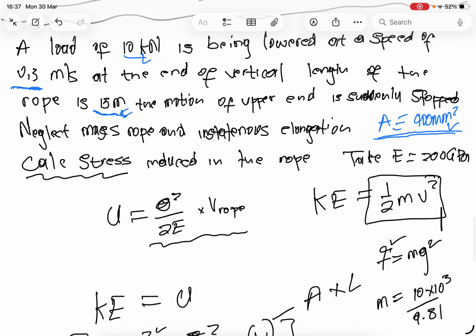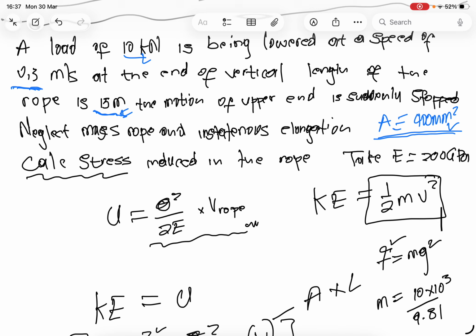This is the statement: I'm given a velocity, and we know that energy cannot be destroyed or created, but can only be transferred from one form to another. Here we have strain energy, and this is my equation for it. But if I check the equation of strain energy, there is no way to insert my velocity.